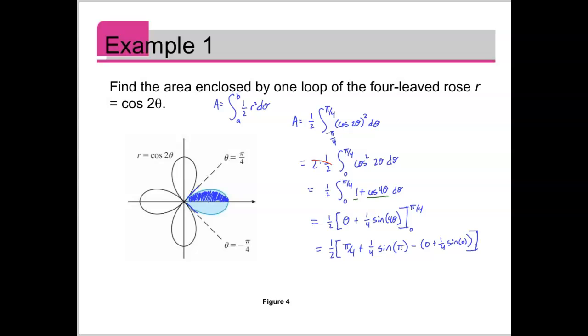All right, well, all this is gone because sine of 0 is just 0. Sine of pi is also 0, so this is gone. So I have 1/2 times pi over 4, which is pi over 8.